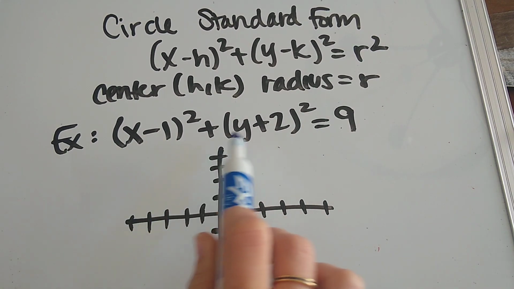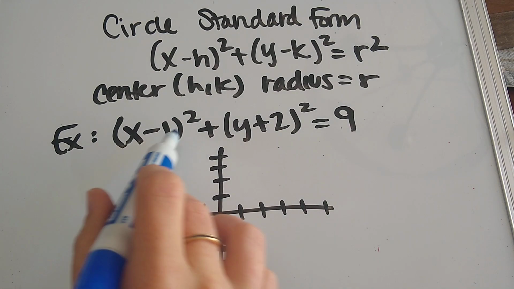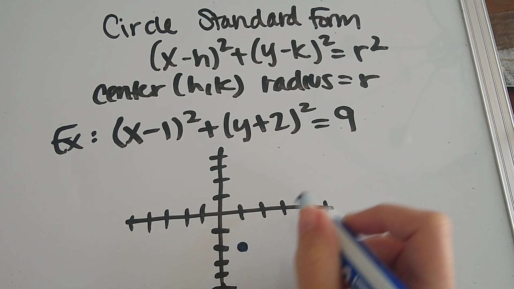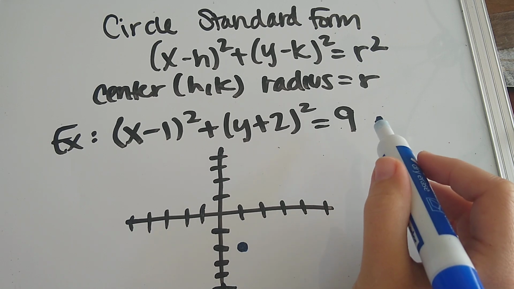(x minus 1) squared plus (y plus 2) squared equals 9. So what you're going to do with this one is the center is going to start at (1, negative 2). So let's graph that. (1, negative 2) would be here. Our radius is going to be 3. So remember, we have to take the square root of it.